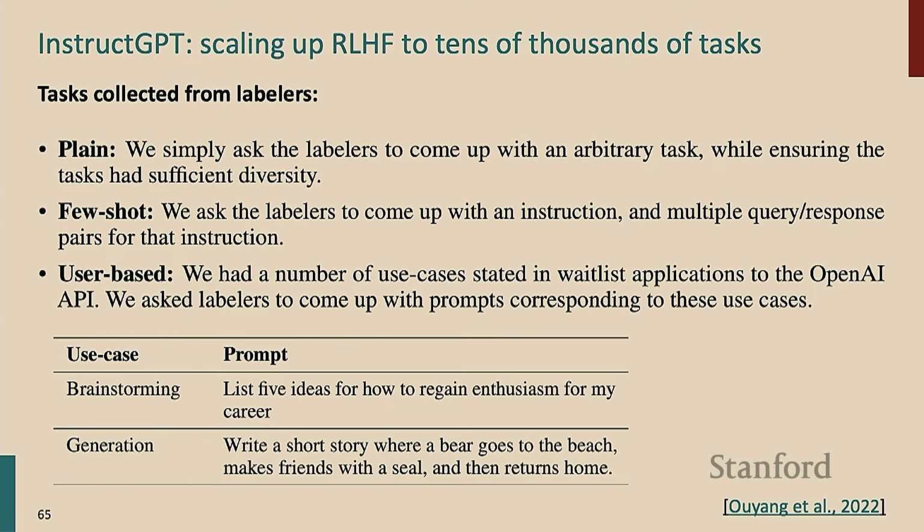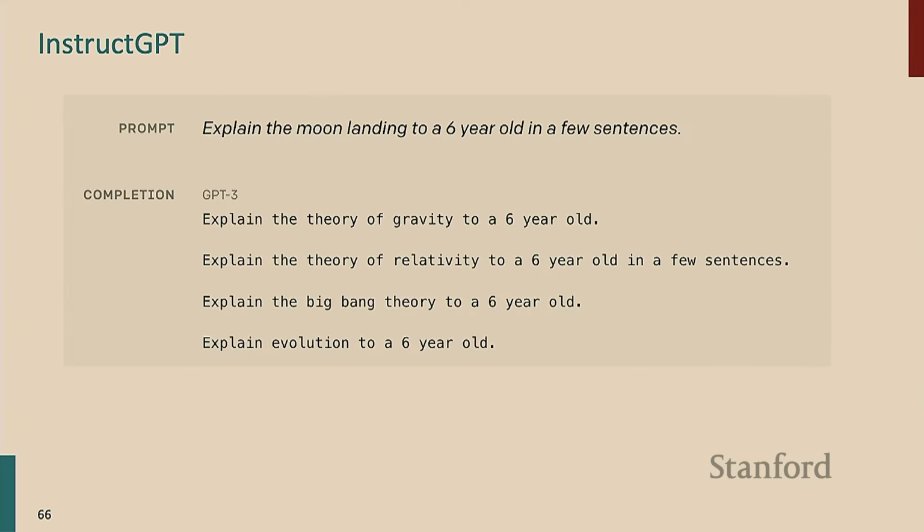And so these include things like brainstorming or open-ended generation, etc. And the key results of InstructGPT, which is kind of the backbone of ChatGPT, really just need to be seen and played with to understand. So feel free to play with either ChatGPT or one of the OpenAI APIs.